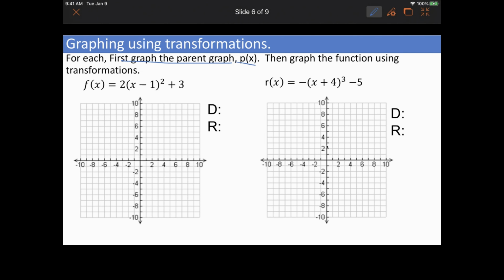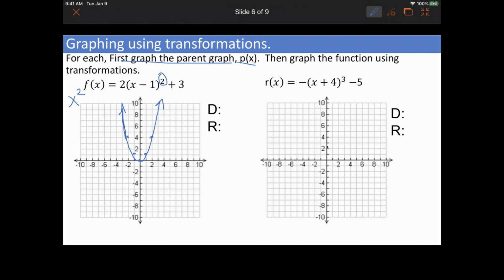So I know this is a quadratic. And if you're looking at your notes, this is the parent function. So for every function that's its parent, it's x squared.